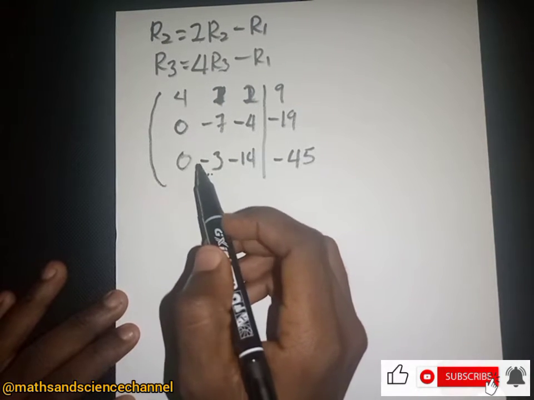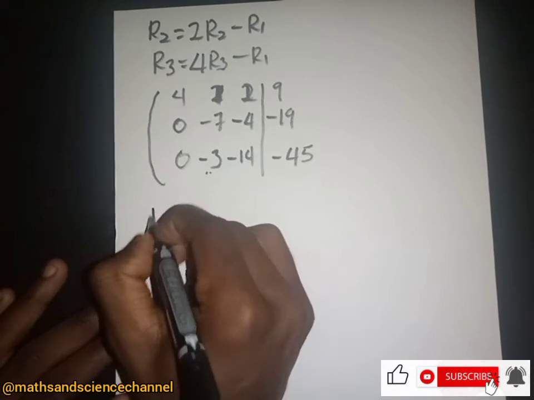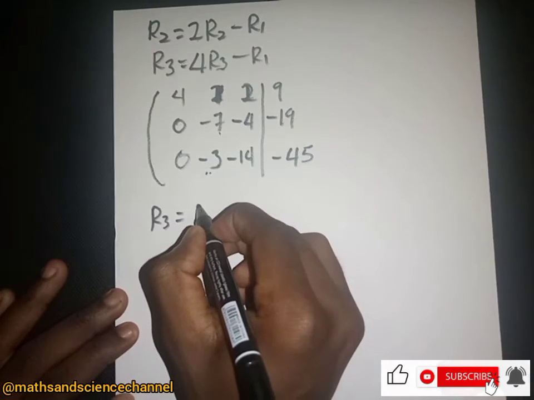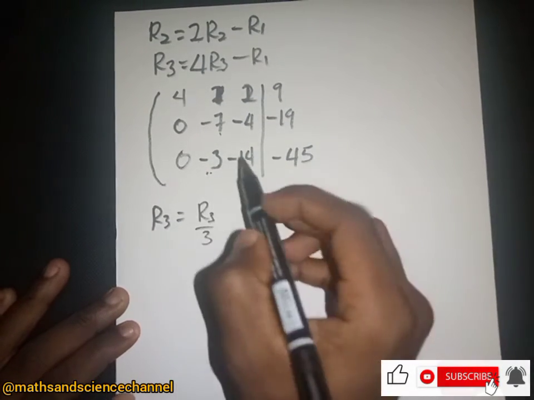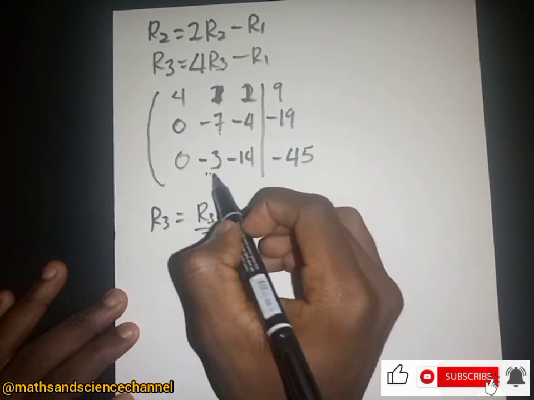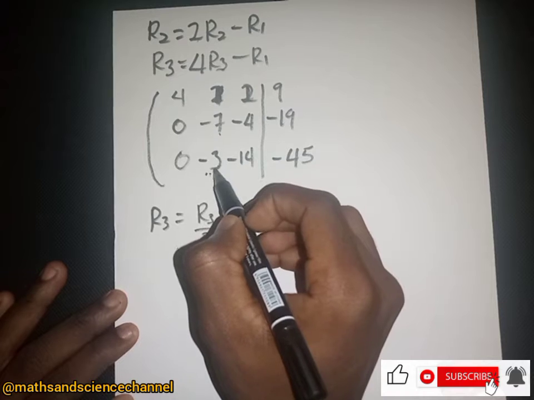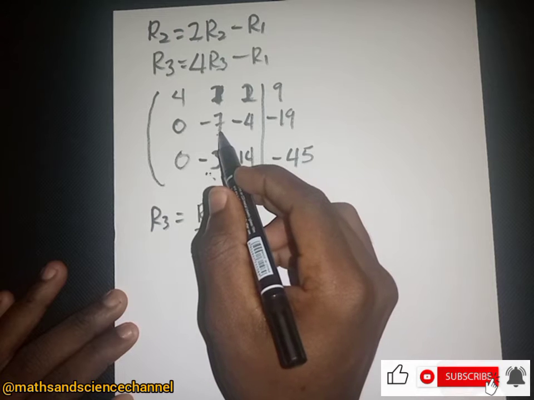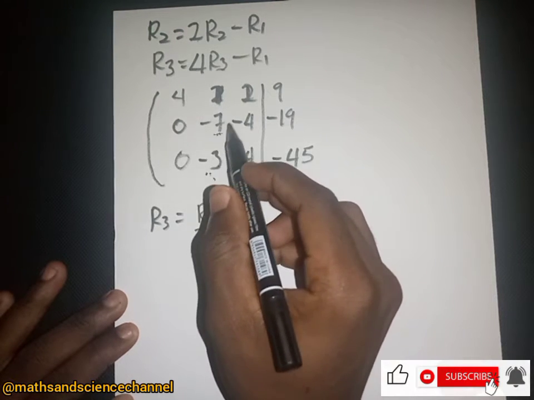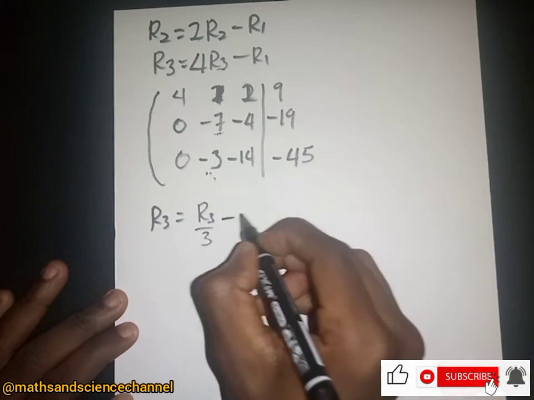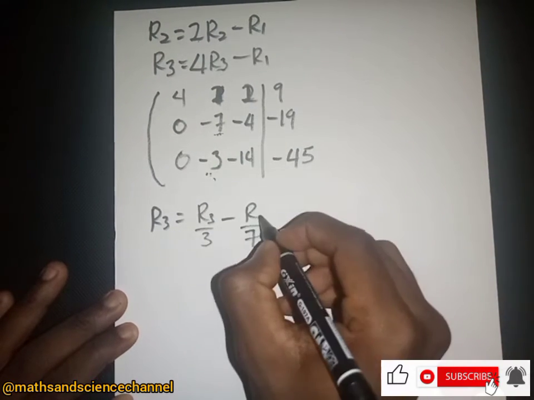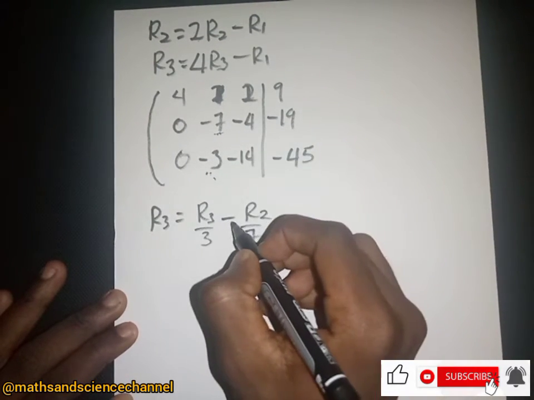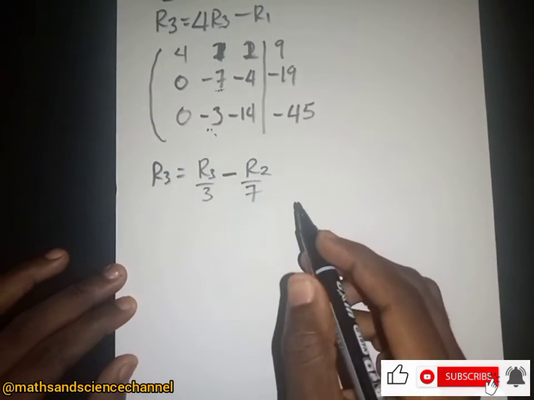In order to make these the same, we multiply through row 3 by 3, and you realize that it cancels out, leaving -1. Then we divide row 2 by 7, and it cancels out, leaving -1. Now we get -1 and -1, so we subtract them, which goes to 0.